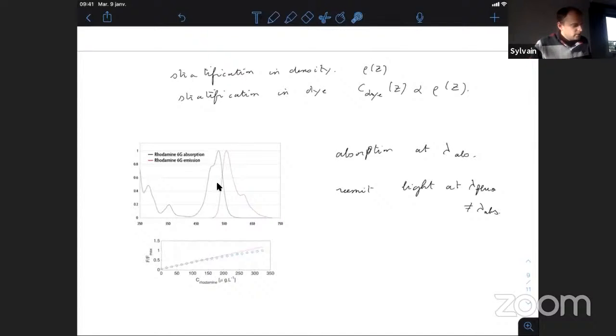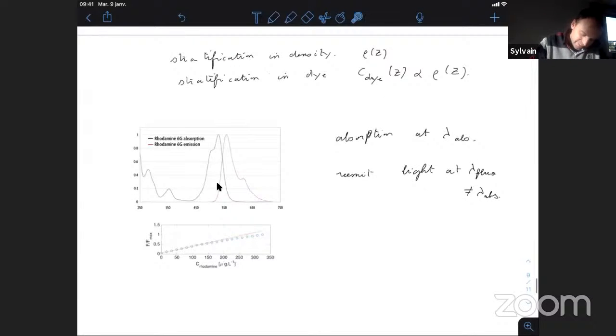So you prepare your stratified fluid, you add a stratification in dye, you have particles for PIV, you use a laser sheet at 532 nanometer, and the dye will emit light at another wavelength.